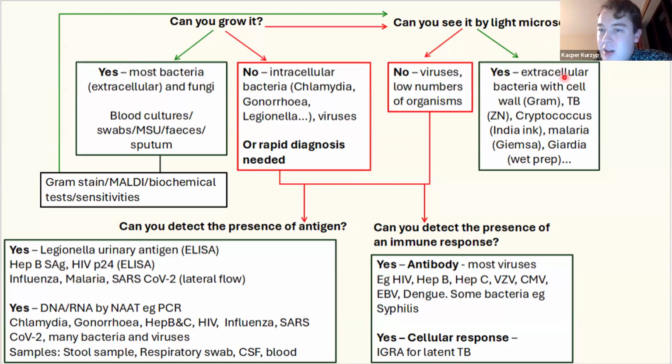Finally, you can detect things which can be seen by microscopy, which will be large things: your bacteria, your cryptococci or other fungi, TB, parasites like malaria or giardia.